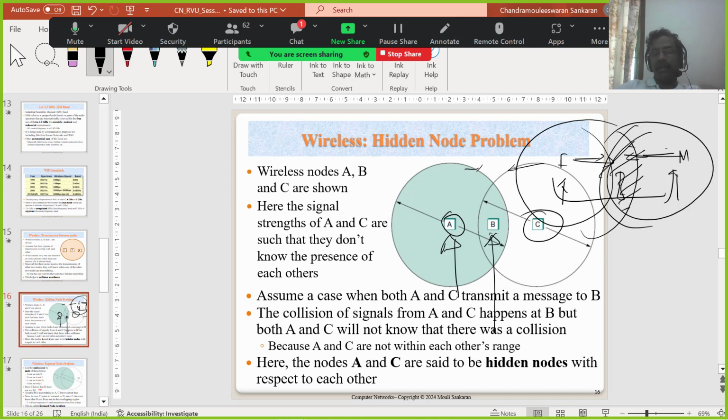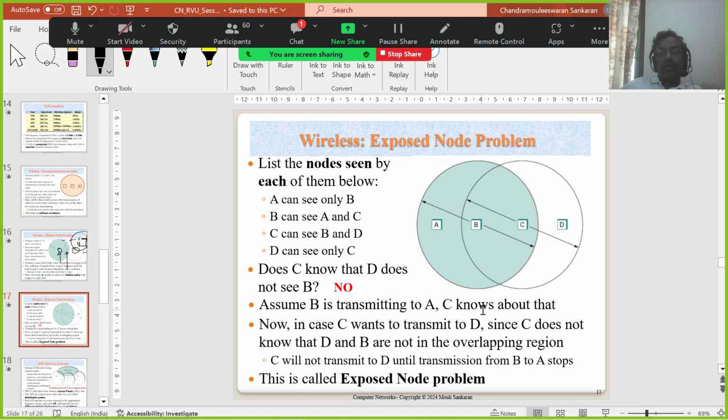You will not even hear what the father is calling or what the mother is calling. Now what will mother and father think? I keep calling, this guy is not even coming here or responding back. The problem is you are not able to get both of them because you are in the overlapping region, and father and mother are not in the overlapping region, so they don't know that each other exists. They are also communicating with you. That's the same thing happening here. That's what is called the hidden node problem.